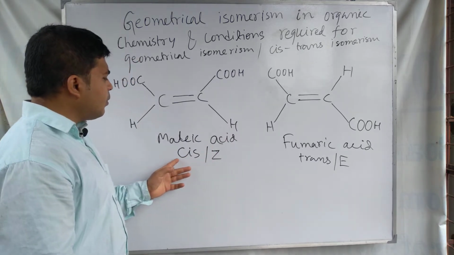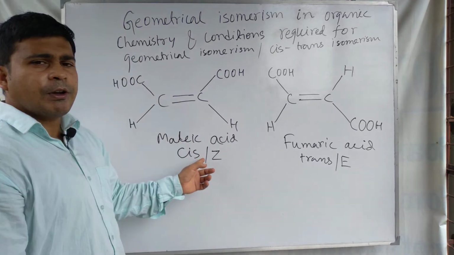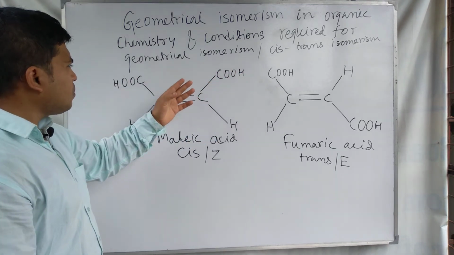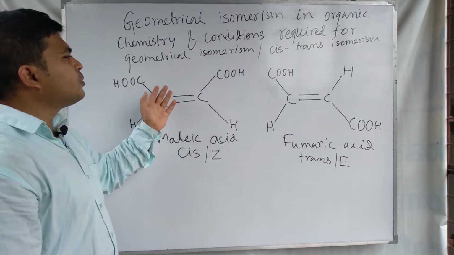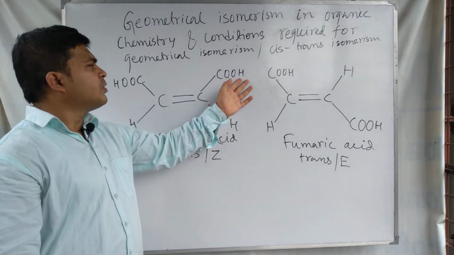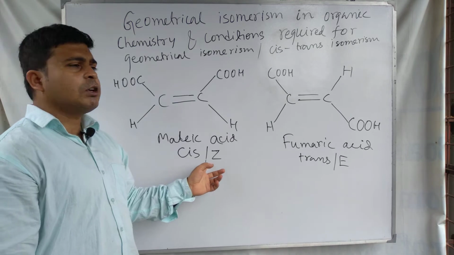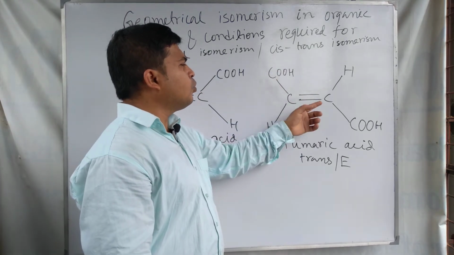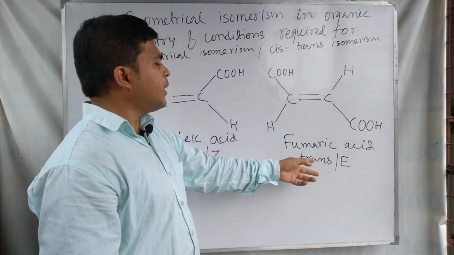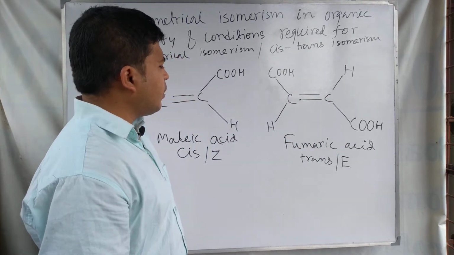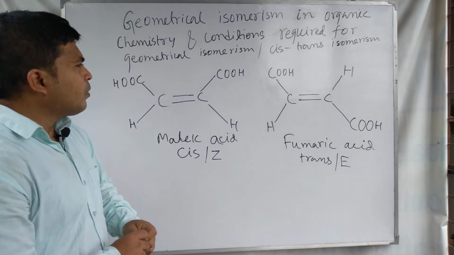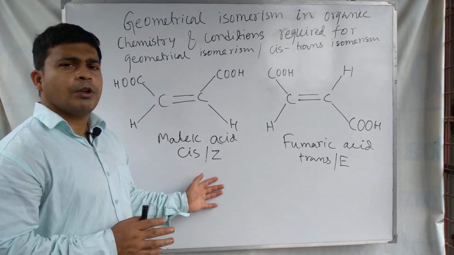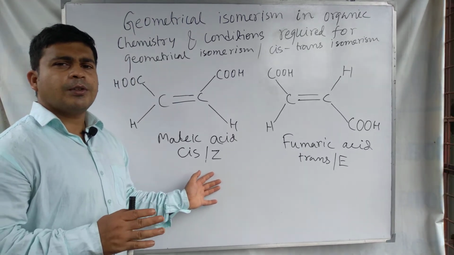This one is called the cis isomer, where the groups that have higher priority are on the same side. And when the higher priority groups of the two carbon atoms are on the opposite side, we call the isomer a trans isomer. So geometrical isomers can be divided into two classes: cis isomer and trans isomer.